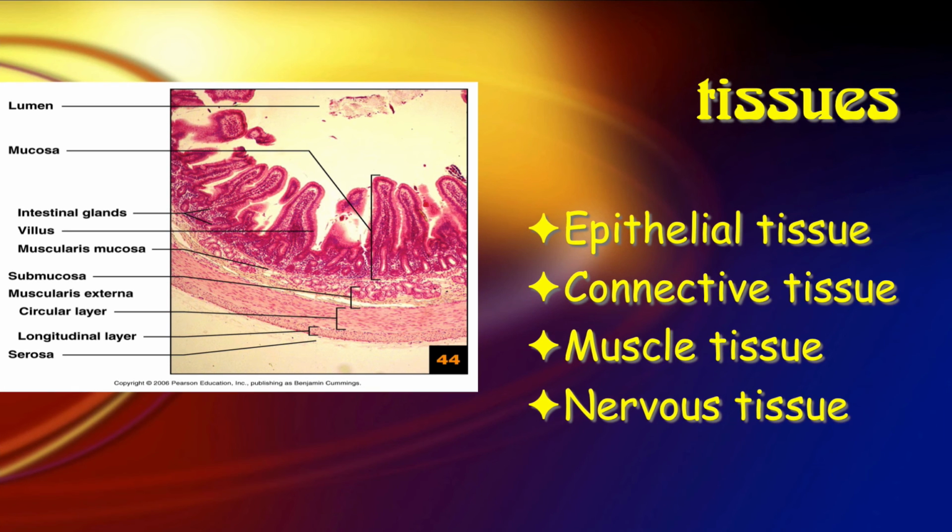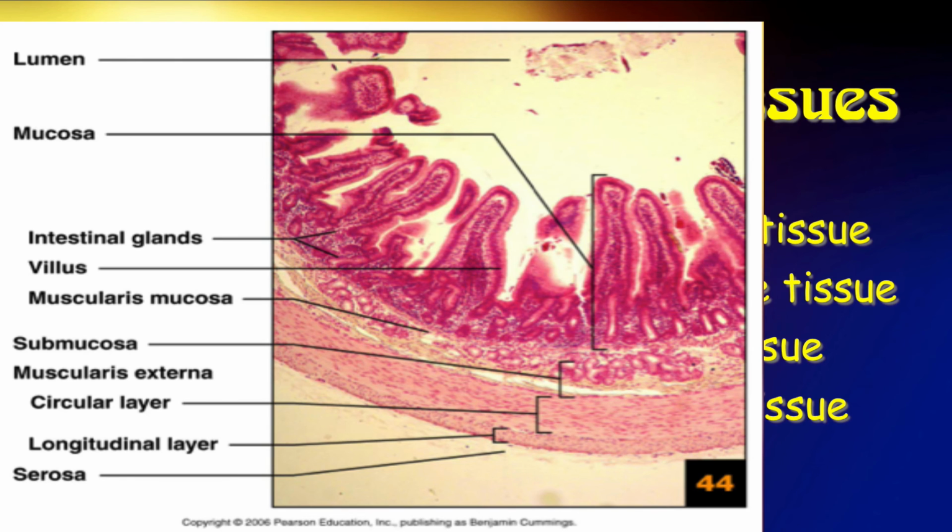This is a good example. This is a cross section of the small intestine, and we have epithelial tissue lining space. That's how you're going to mostly find it. We have connective tissue, a specific variety of it here, deep to the epithelial tissue. We have smooth muscle tissue that's going to help move things through the small intestine.